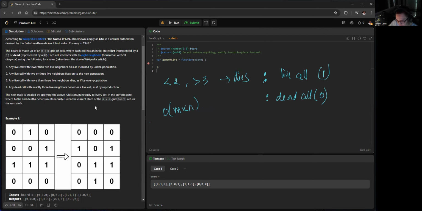Because, for example, if we change it in place, this could become a 1 and the rules change. We want to create the next state of the board based on the previous state. If we mutate the state, then it will change.